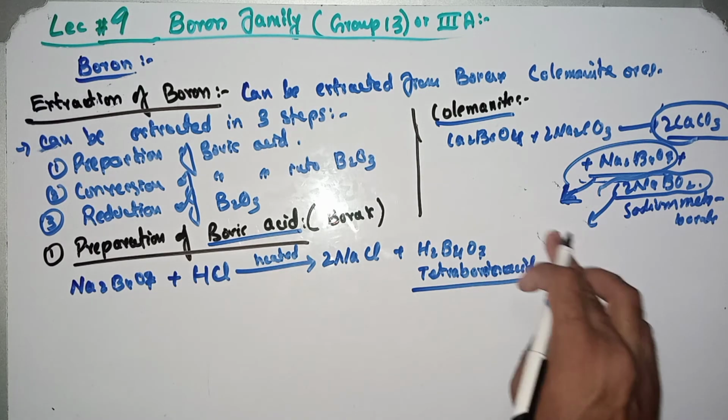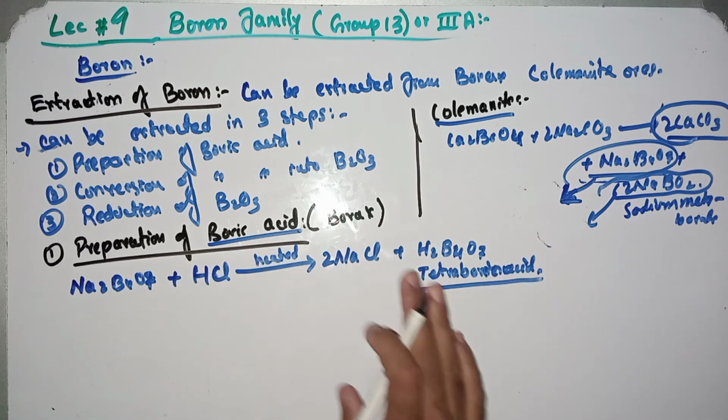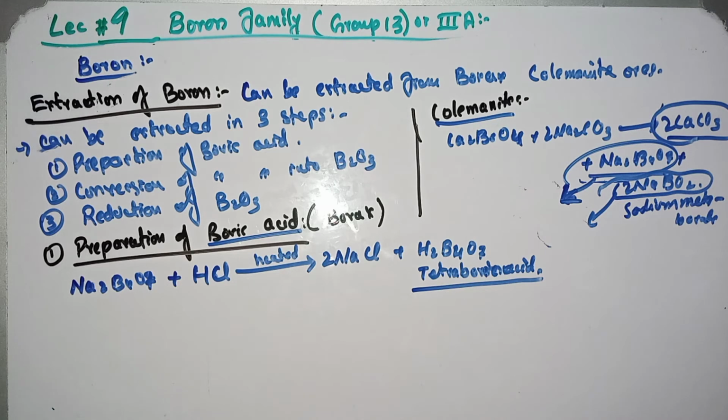So boric acid can be prepared through this method from borax and colemanite.